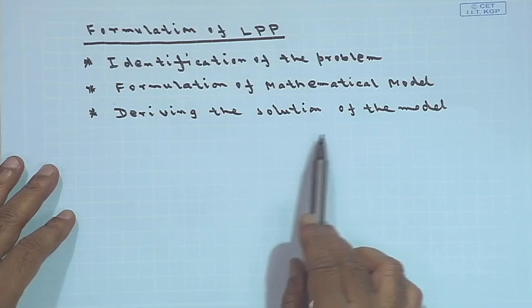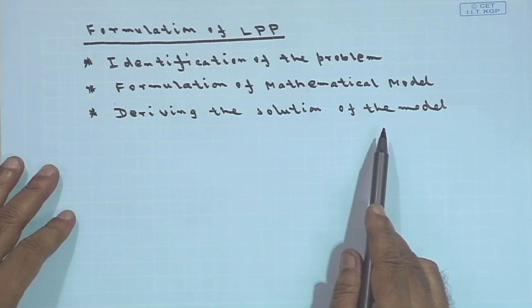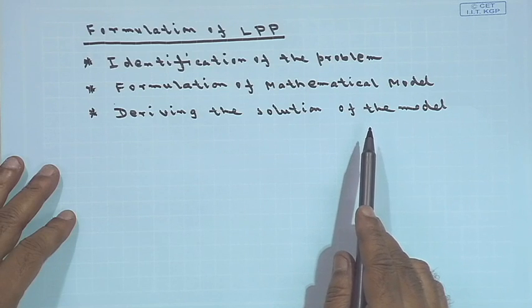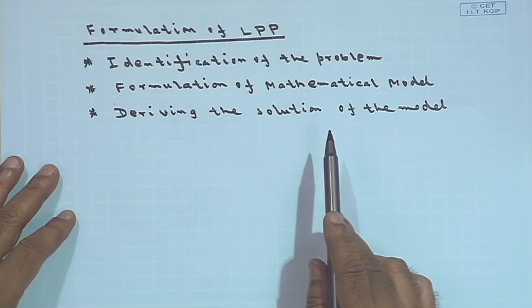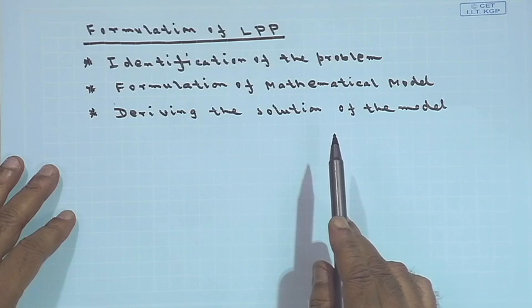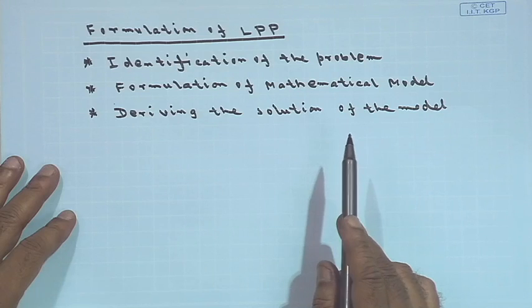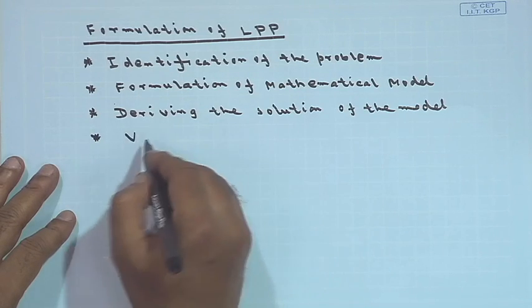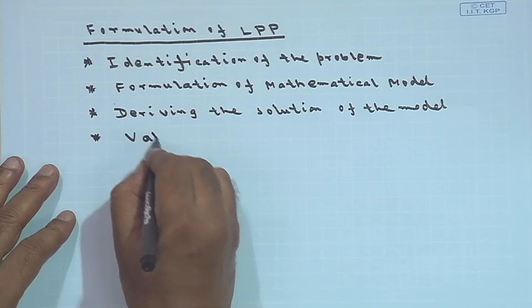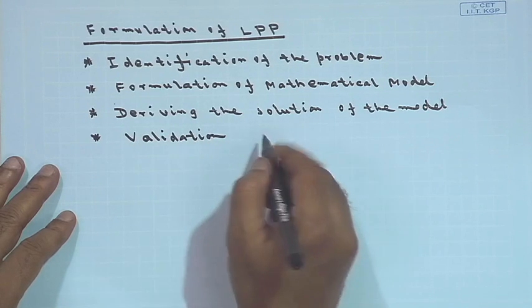Optimization comes into the picture at this stage. Optimization is the technique by which you can find the solution of a mathematical model. And the last step is, not the last step, the validation of the model.